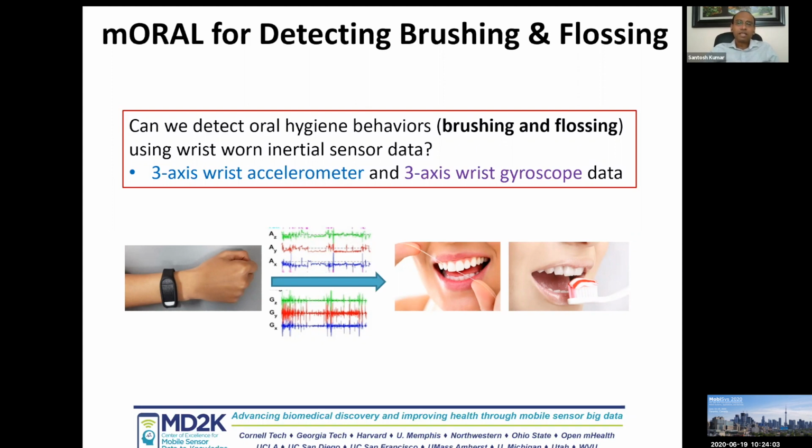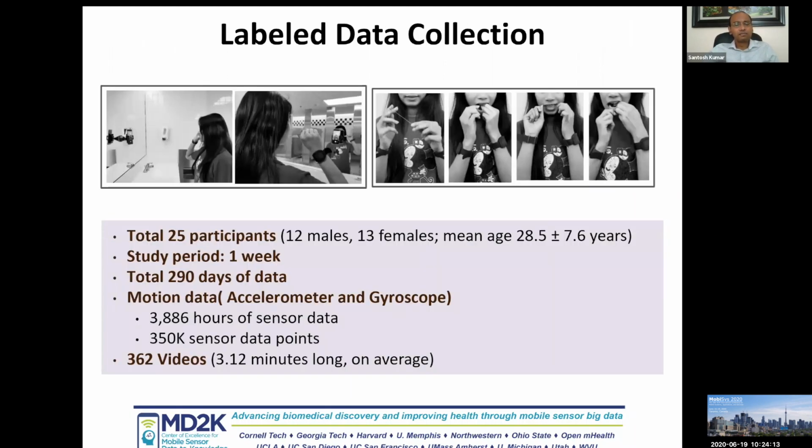So the challenge for us was, how do we design the study so that we have the right labels? After a significant debate, here, unlike smoking, which can happen any time of the day, brushing usually happens in the bathroom in front of a mirror, and at certain times of the day.